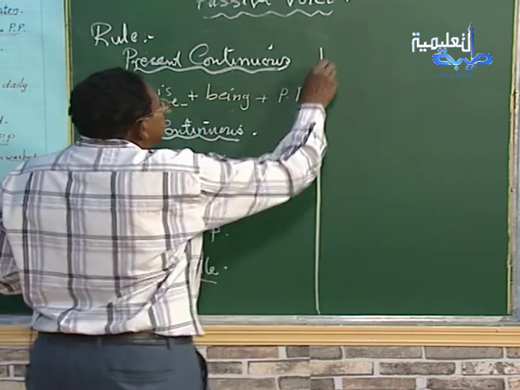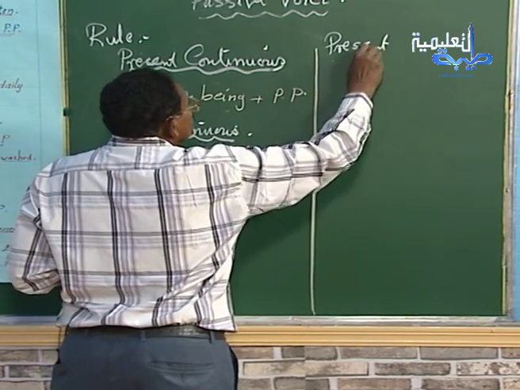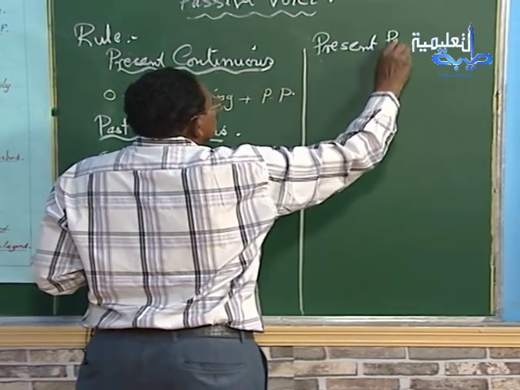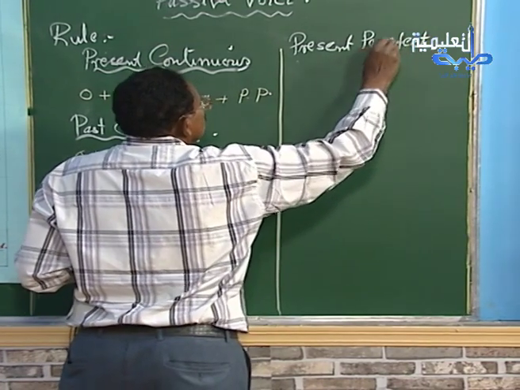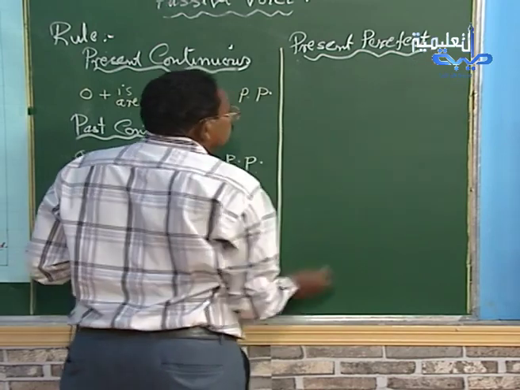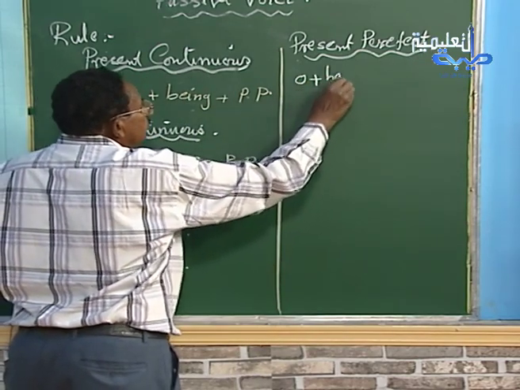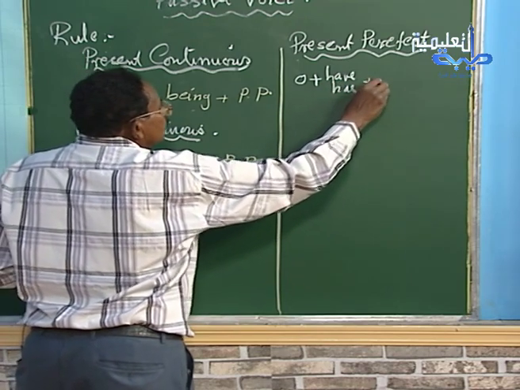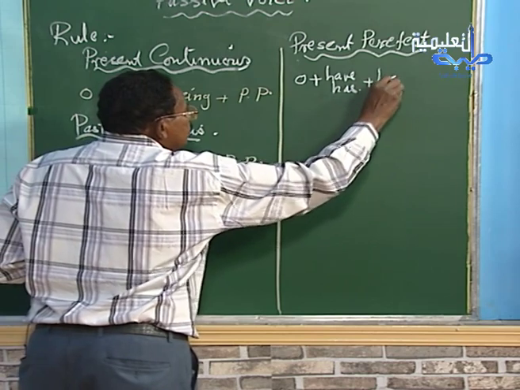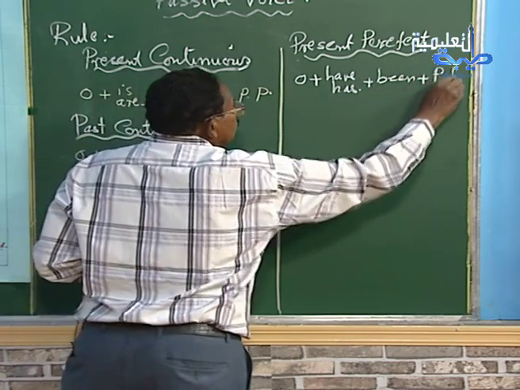For the present perfect, object plus have or has plus been plus past participle.